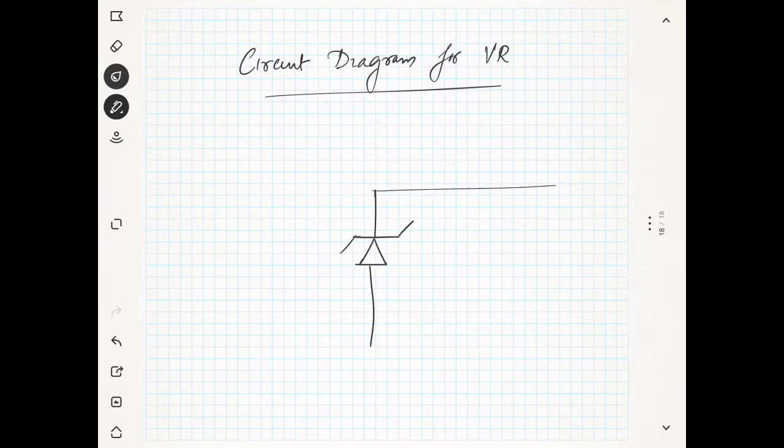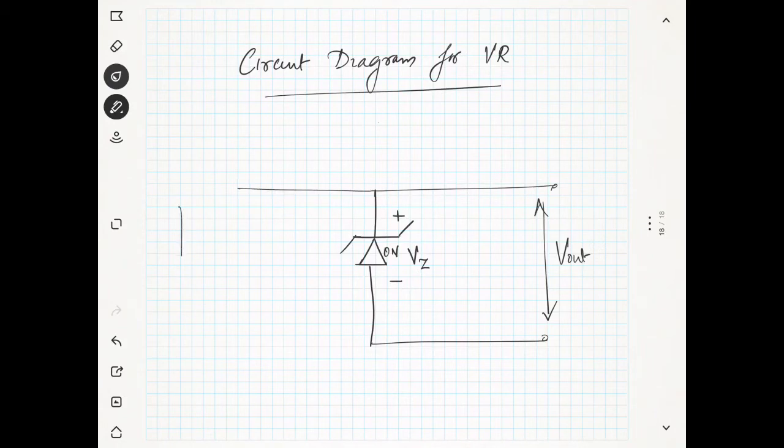You will take the output here. This is your V out, because you want the voltage V out. Whenever the Zener diode becomes on, you will get a voltage of plus minus Vz, and we have to give a supply here. You will be giving a supply that may be changing, as I mentioned before.